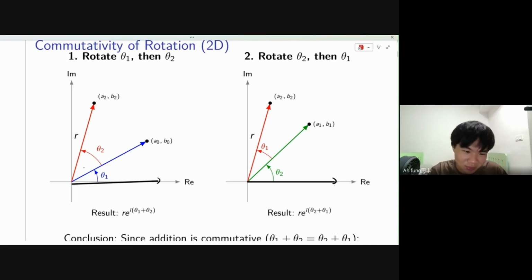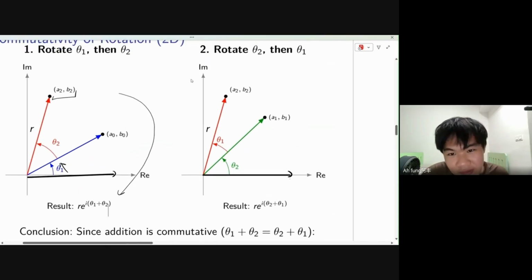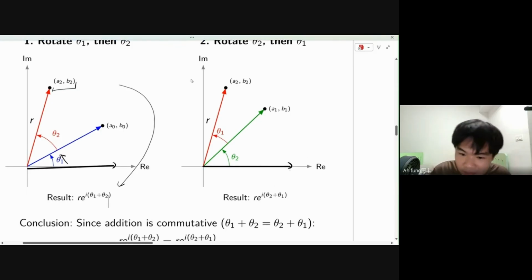If this vector rotates by an angle theta 1, it becomes this, a1, b1, the coordinates. When it rotates another theta 2, we get this, a2, b2, and we can write it this way. But if we rotate theta 2 first, then rotate another theta 1, this is the same thing, right?